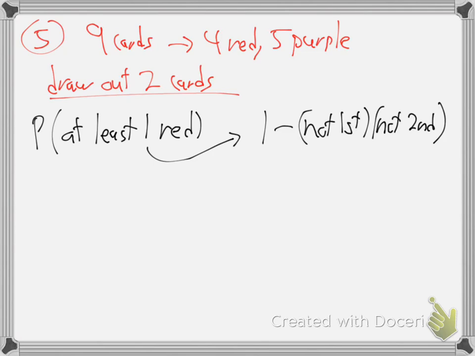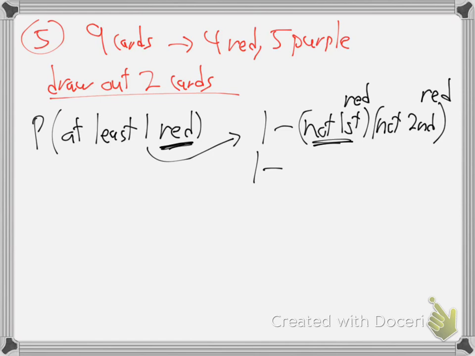So that would be 1 minus not the first. Now, not the first what? Remember, it's always not whatever they're asking. What are they asking for? Green. Well, at least on mine, red. So not the first one being red and not the second one being red, or whatever color they're listing for you.